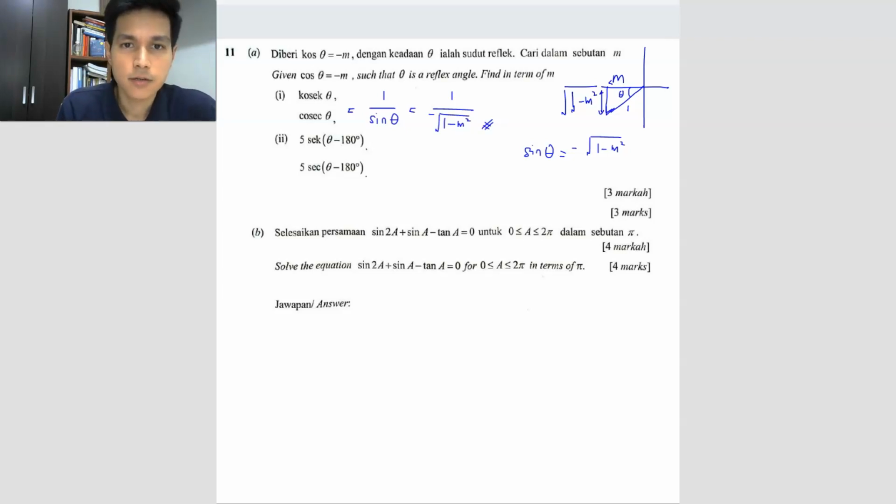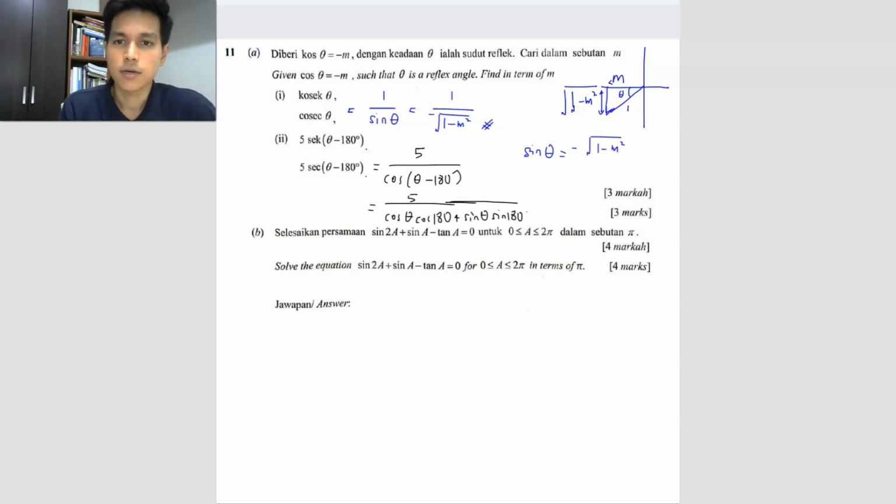Next. Second, 5 sec(theta minus 180). First I write in terms of 1 over cos, so it becomes 5 over cos(theta minus 180). This is a formula you can use: cos(theta minus 180) you can change to cos theta cos 180 plus sine theta sine 180.